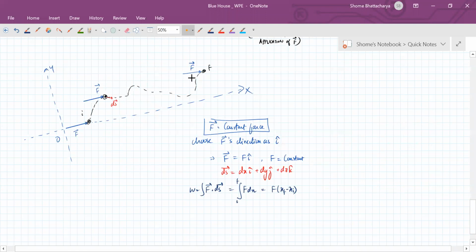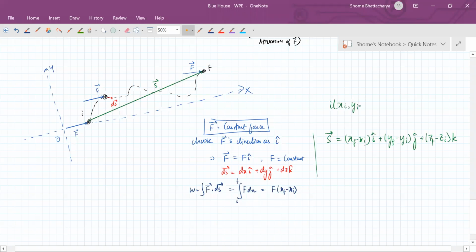From initial to final position, the displacement is this vector s. So if s is this, it is x final minus x initial i cap plus y final minus y initial j cap plus z final minus z initial k cap, because the initial position has coordinates xi, yi, zi, and the final position has coordinates x final, y final, z final.